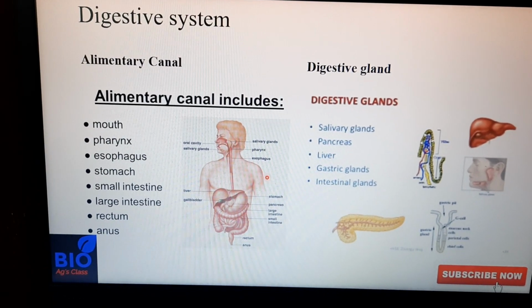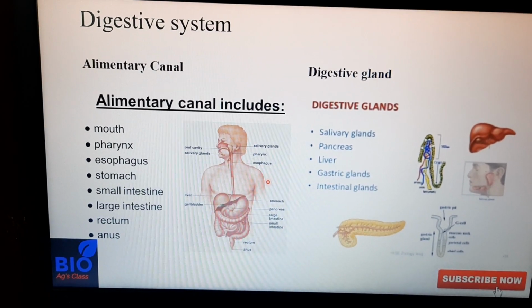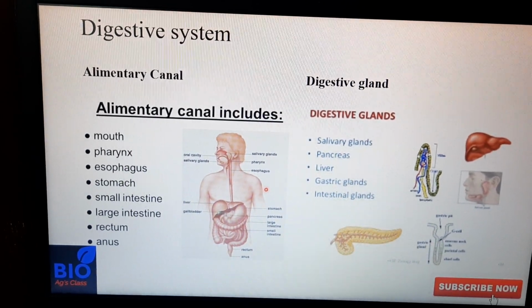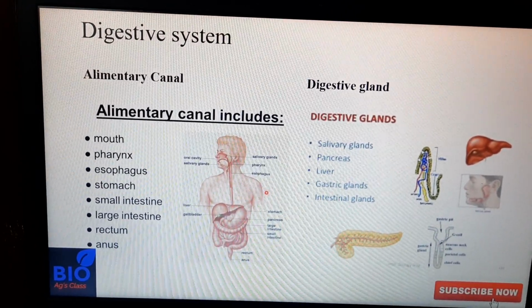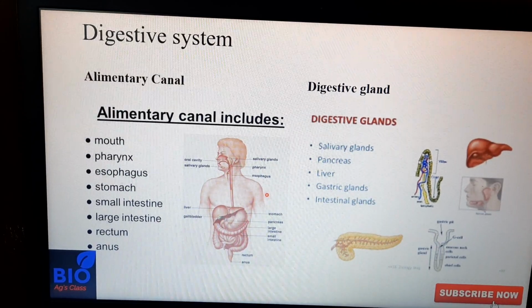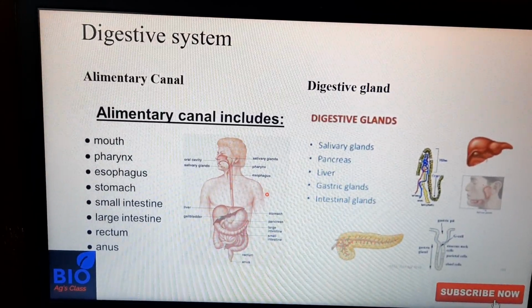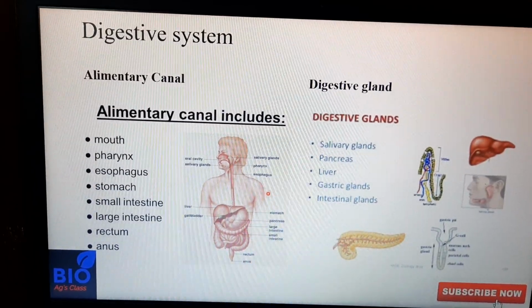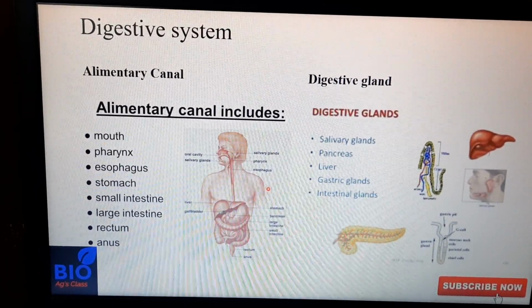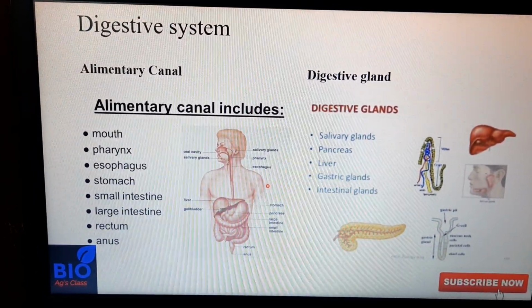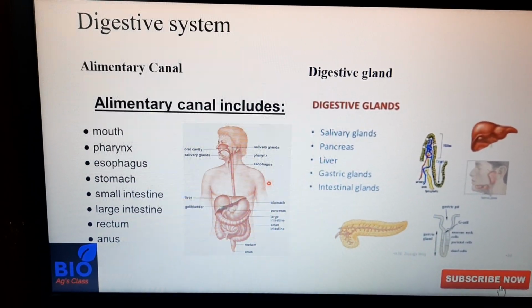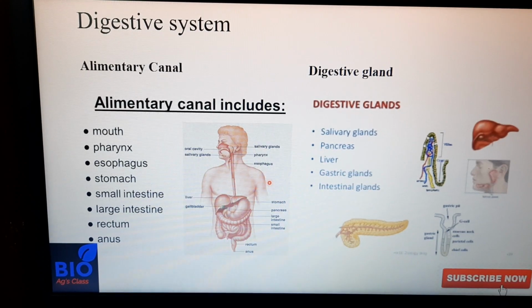Inside our mouth there are three pairs of salivary glands, and they secrete saliva that mixes with food to break it down properly. And in it there is mucin that makes our food slippery and helps us to swallow it properly.